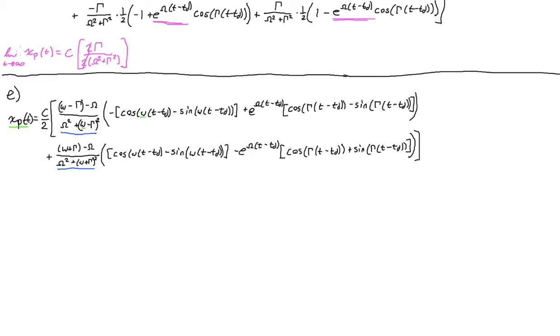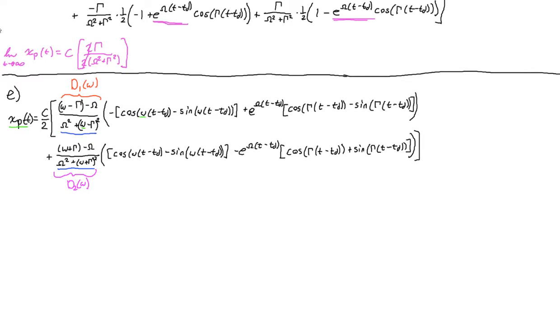We're going to call this one d1 of omega, so this is a function of little omega. And let's do pink. This one is d2 of omega, okay?